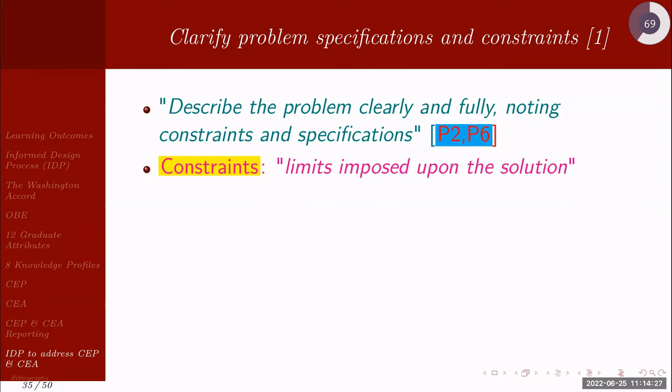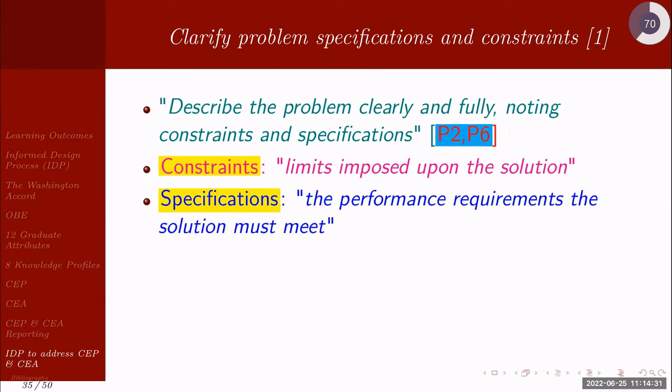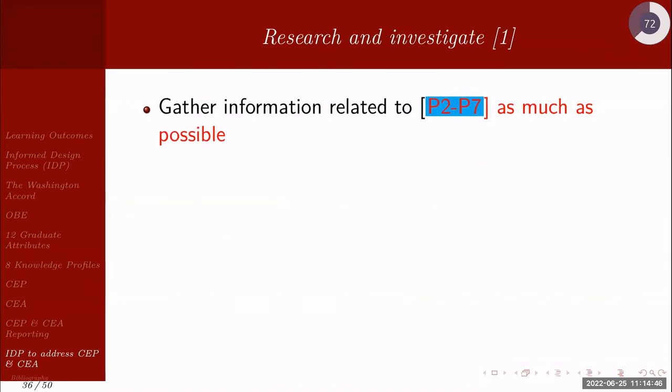Constraint means limits imposed upon the solution. Specification means the performance requirements the solution must meet. So this step, clarify problem specification and constraint, is related to P2 and P6.